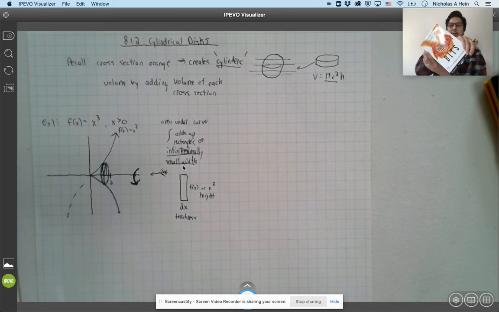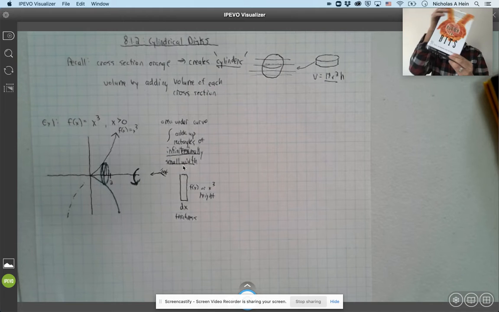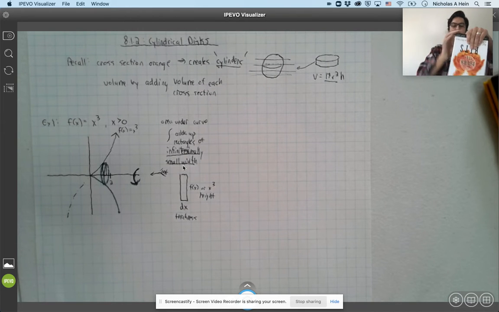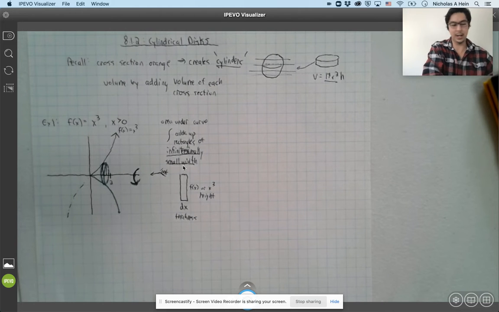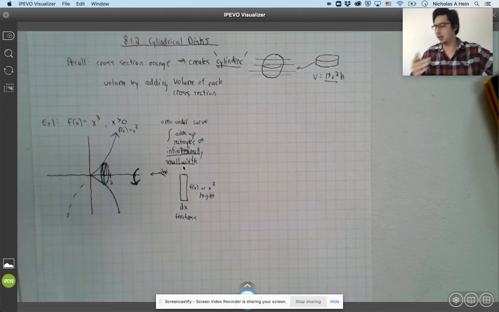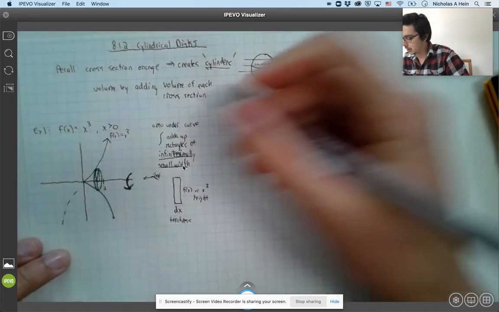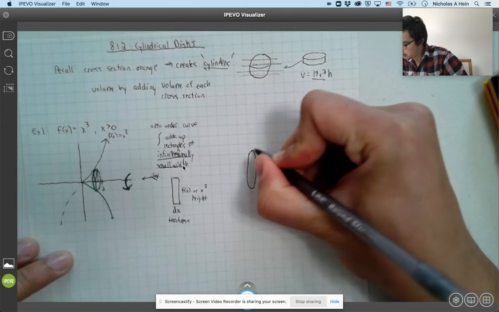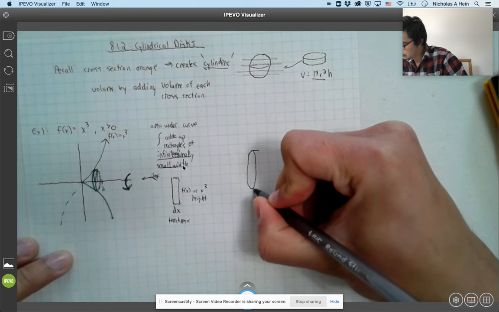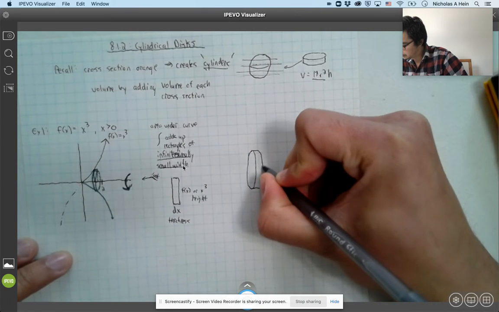I don't even know if you can follow what I'm doing, but if you're mapping this corner of the book, and you rotate, notice that you end up creating a circle, right? It's hard to visualize in this setting, but you create a circle.